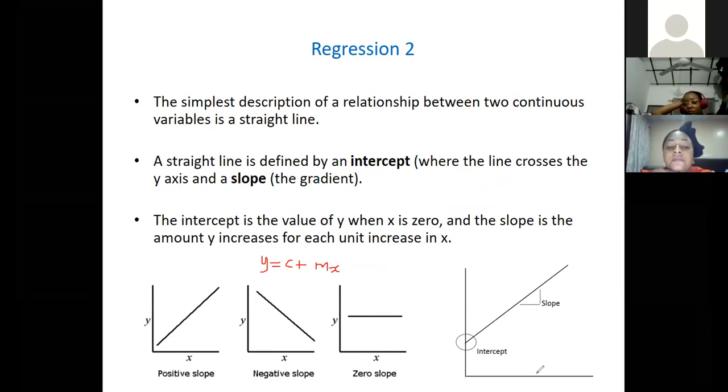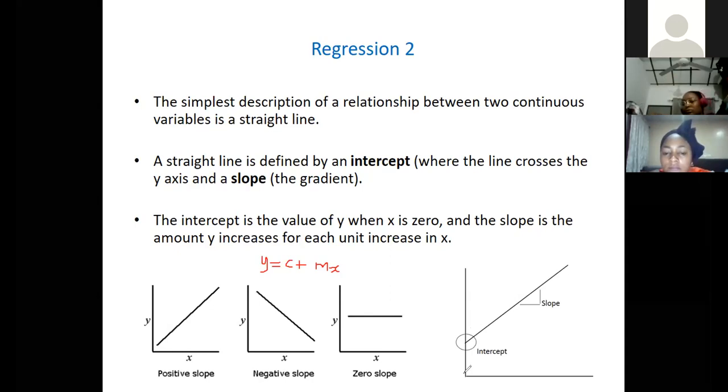C is the intercept. It is that C they got from constant. If you look at the intercept where it crosses y, what will be the value of x? The value of x will be 0, because wherever the graph crosses y, the value of x will be 0. Wherever it crosses x, the value of y will be 0.